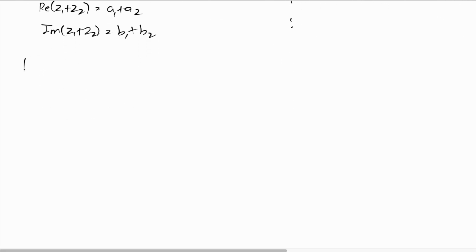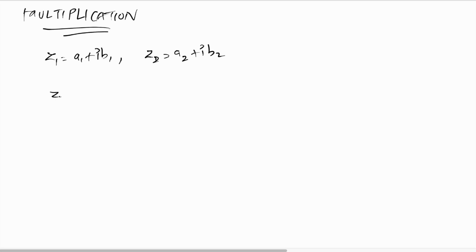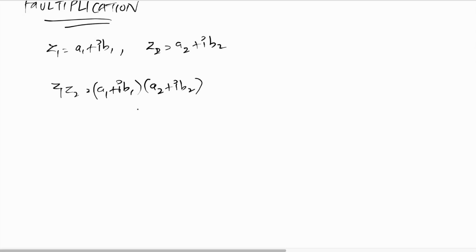Okay. Next is multiplication. Multiplication of complex numbers, nothing different. If I have a complex number a1 plus ib1 and another complex number a2 plus ib2, and I multiply the complex numbers, it'll follow the mainstream expansion pattern.